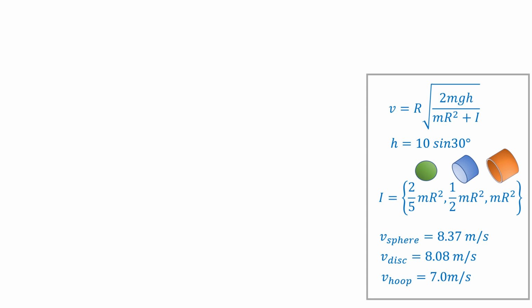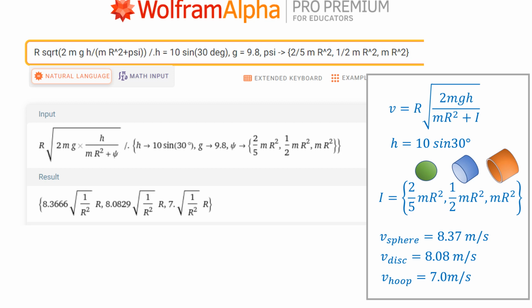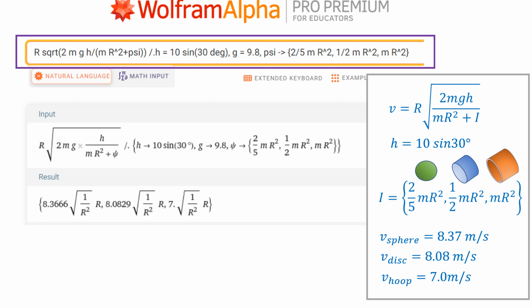I would also like you to get the same answer by using WolframAlpha. It is a free online software. It can be a bit fussy, but it is the best software for doing symbolic calculations. Go to wolframalpha.com, type in the command as shown in the purple box. The command is also mentioned in the description of this video, so you can cut and paste.